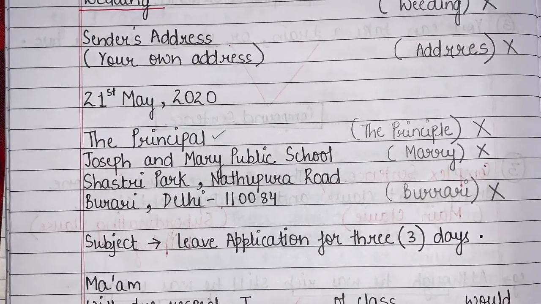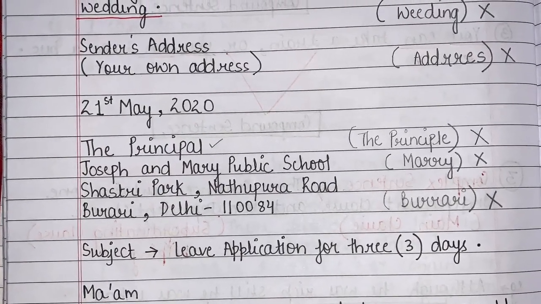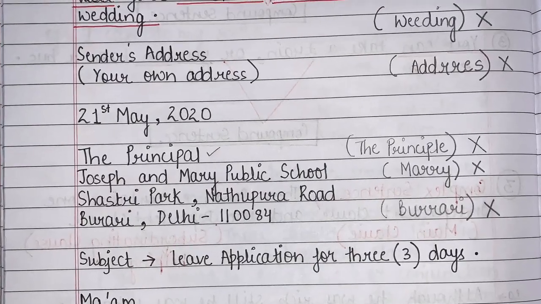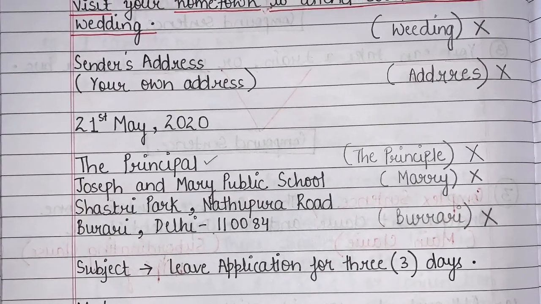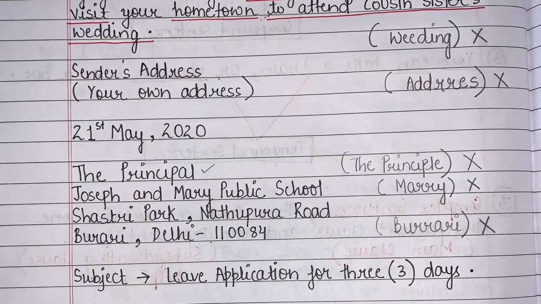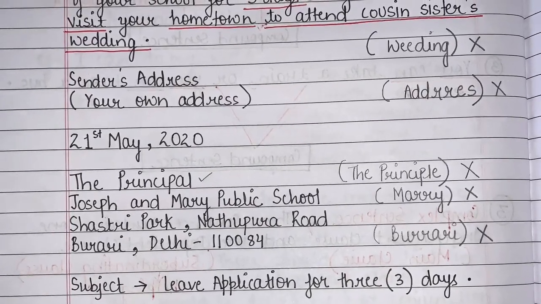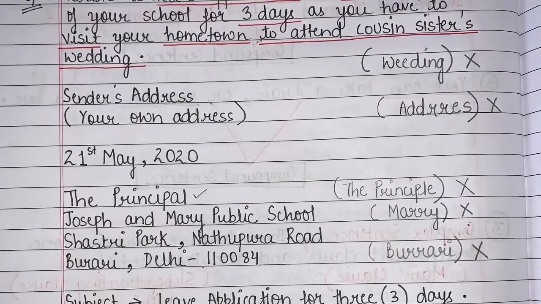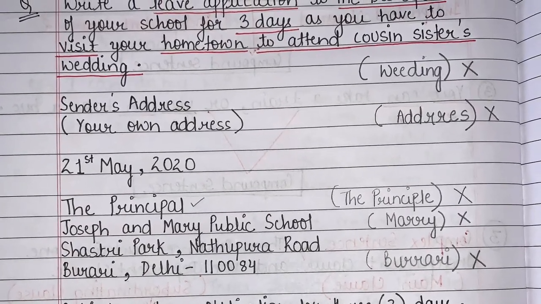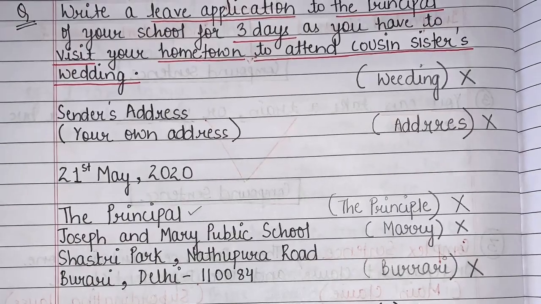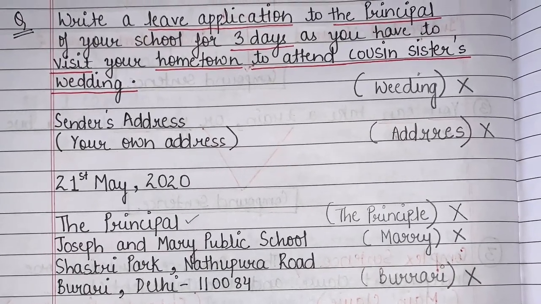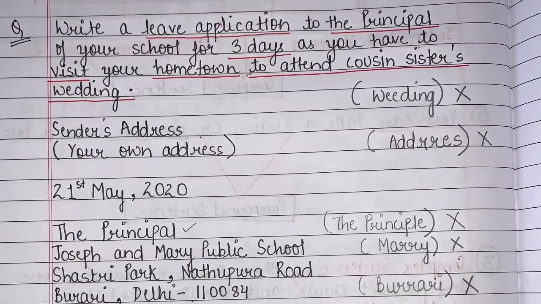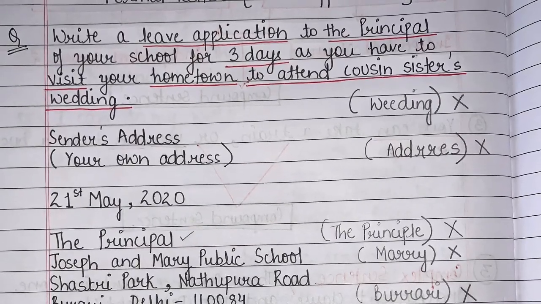Beta, most of you write incorrect spelling of principal. This principal we use in science, right? So you don't have to follow this principal. You have to follow the way I have written, okay? So you have to avoid these mistakes. That is why I have written these mistakes in the brackets, okay?